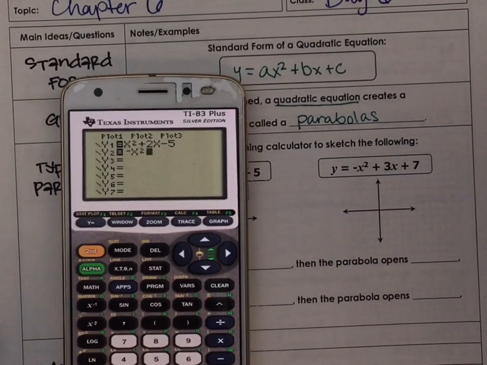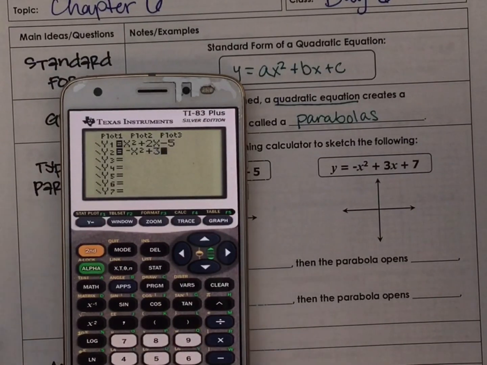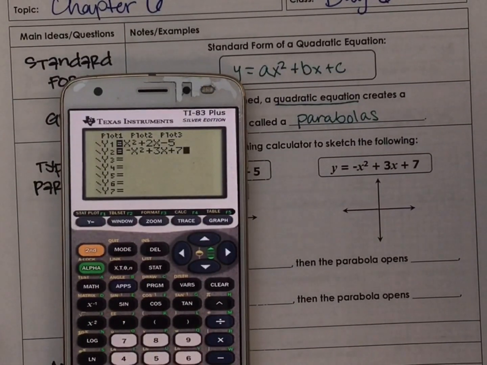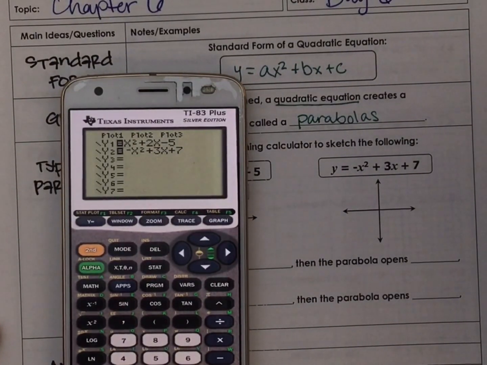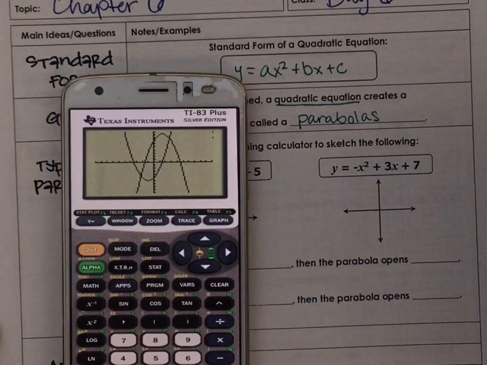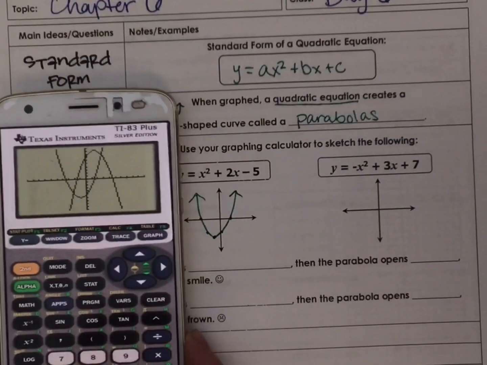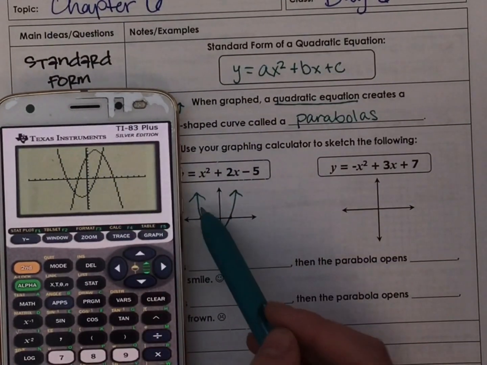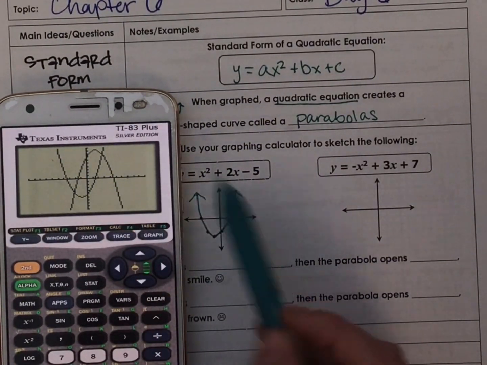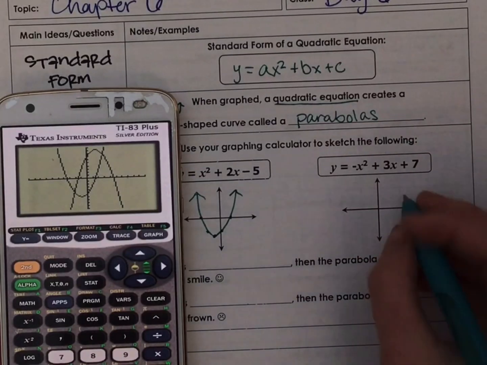So we got negative x squared plus 3x plus 7. So I've got my two equations here. Again, yours will show up as different colors. However, because mine is not a color calculator, it will just be black and white. And so we said that first graph here was this x squared plus 2x minus 5, whereas this graph makes the other shape.